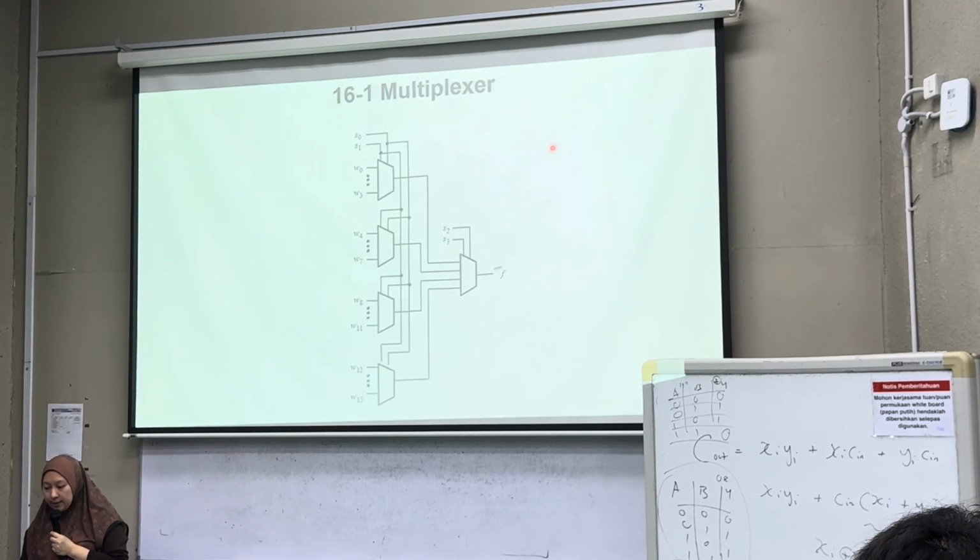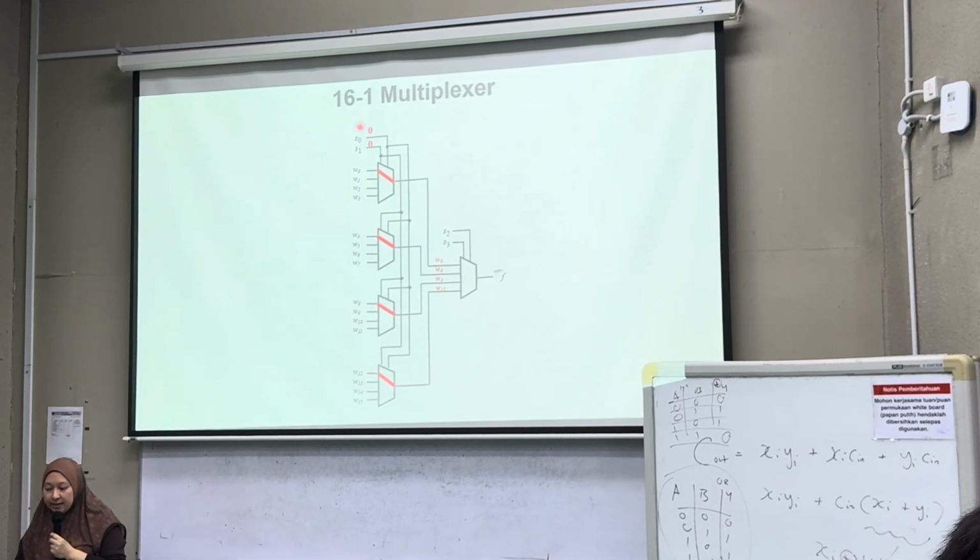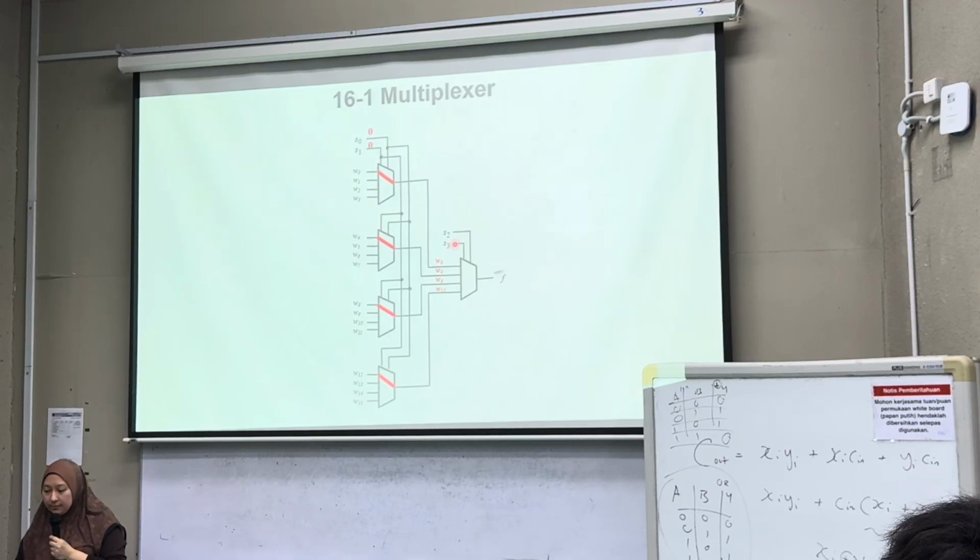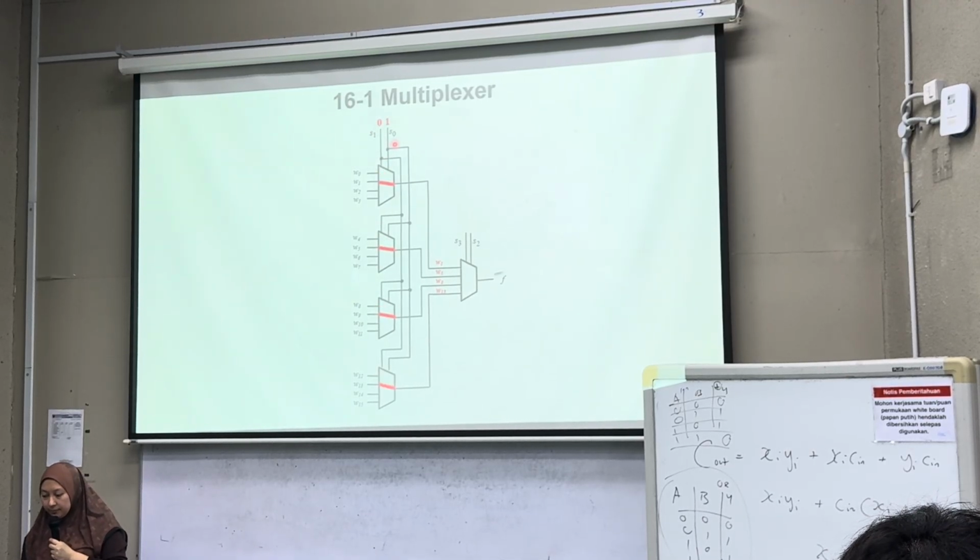All right, 16 to 1 mux. You have 16 data inputs. We've got 4 select lines, right, so those are shown here.